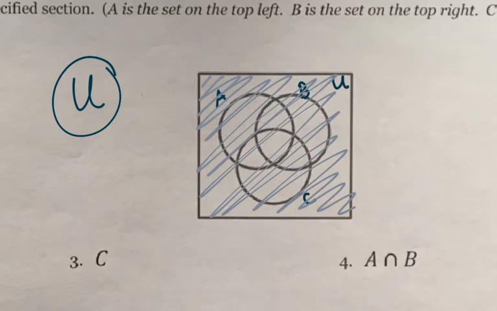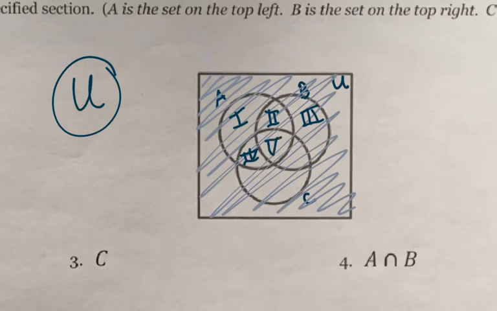Another point I want to make is that when our book labels these sections, they use Roman numerals, and the way that they label them is this section is 1, this section is 2, this section is 3, this section is 4, which in Roman numerals is IV or 1 before 5.